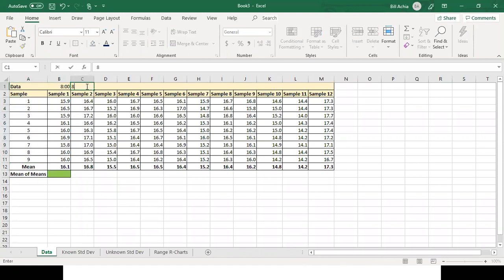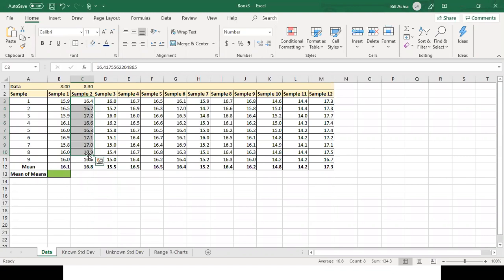At, say, 8:30, we go ahead and take another sample, and the second sample also comes up with a whole bunch of different measurements, and so on and so forth. Okay, now using this information, we can go ahead and calculate our X bar charts.